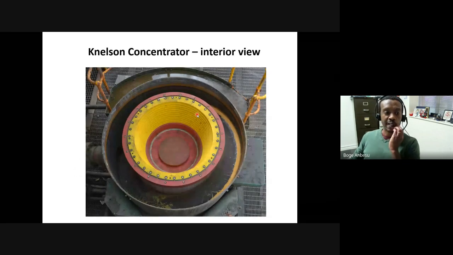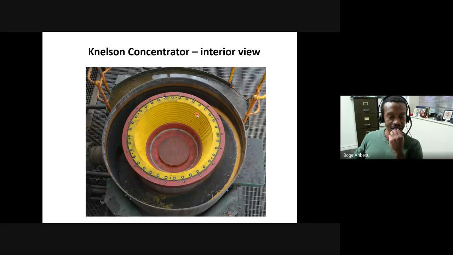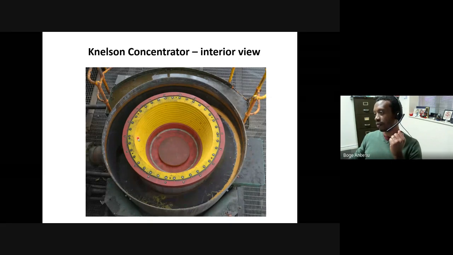I think I went to one of the mining sites and they were doing some maintenance, and I had a chance to take a picture of the Nelson concentrator there. If you look at the interior of it, that's what it looks like. Hopefully you can see clearly what we mean by the riffles all around the bowl of a Nelson concentrator.